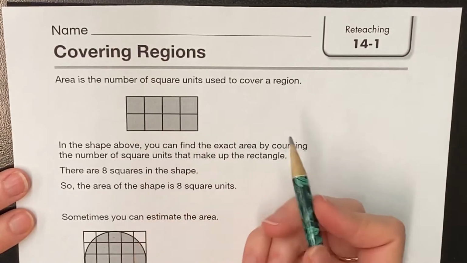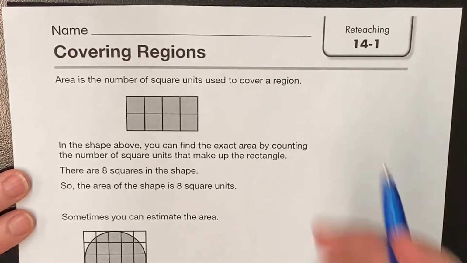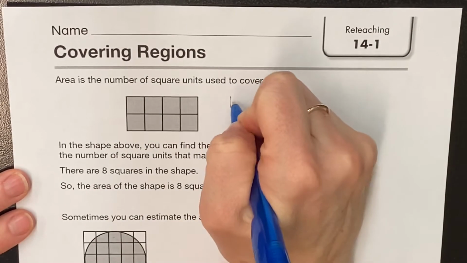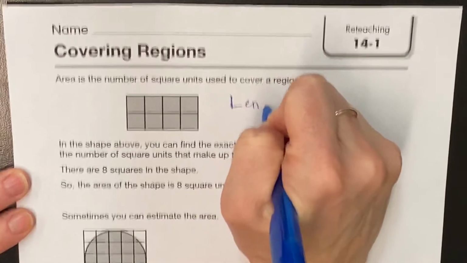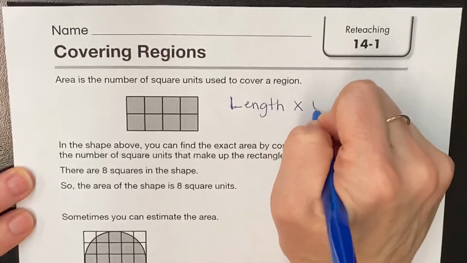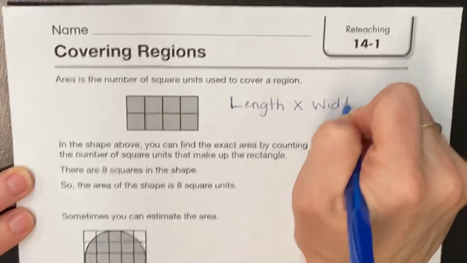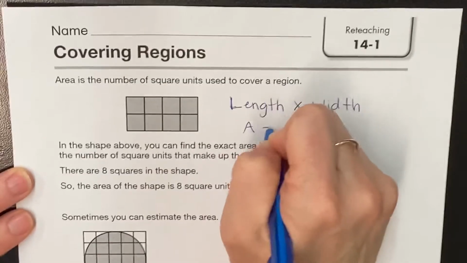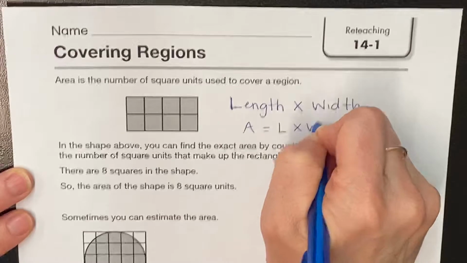So when we're finding area, we are going to be looking for the length of a shape multiplied by the width. And we say area equals length times width.